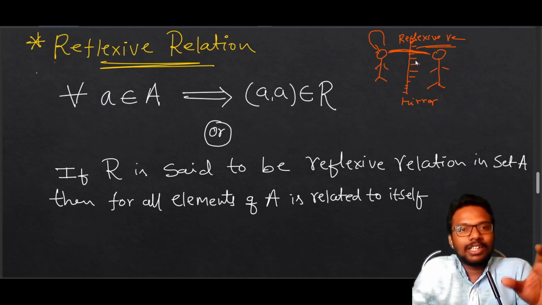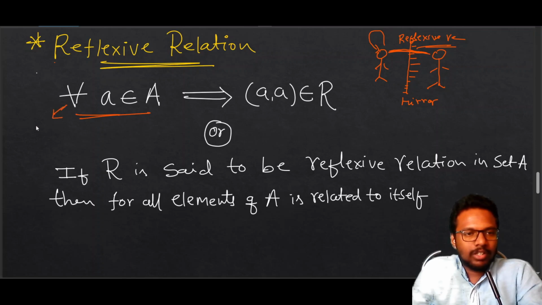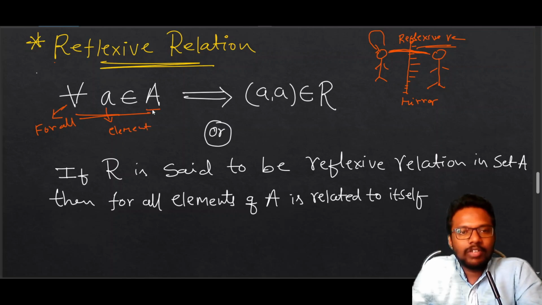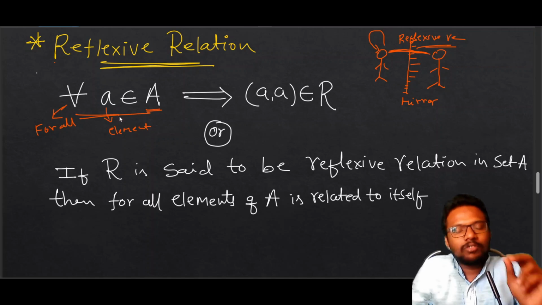Okay, so let us see the definition of a reflexive relation in mathematics. The definition says, for all a belongs to A. This symbol we already know: it means for all, and a is an element of set A. In that set A, for all elements of A, means if a set has 4 elements, we have to consider each and every one of the 4 elements.